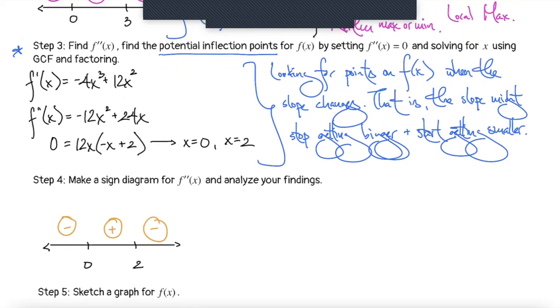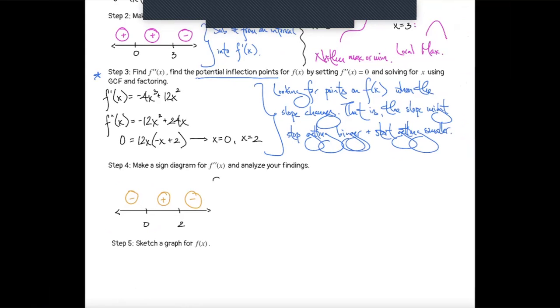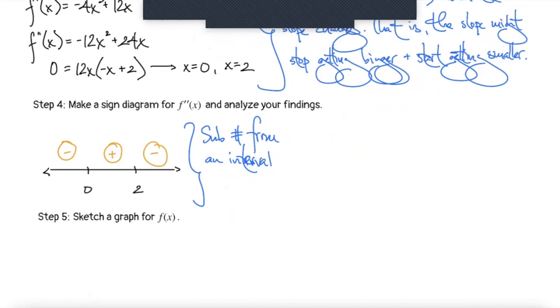Okay. And if we were to phrase this as we did above, we could say that we sub a number from an interval into f double prime of x.